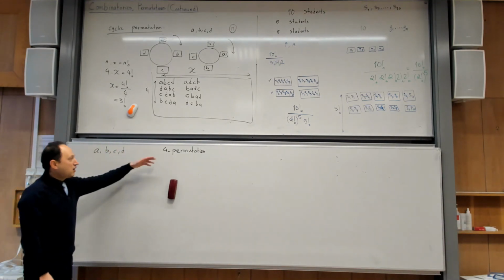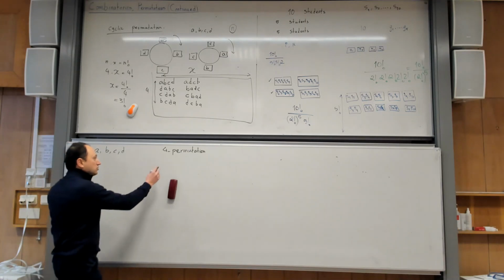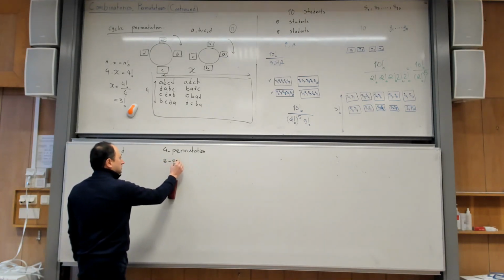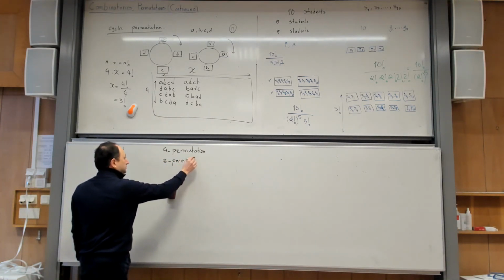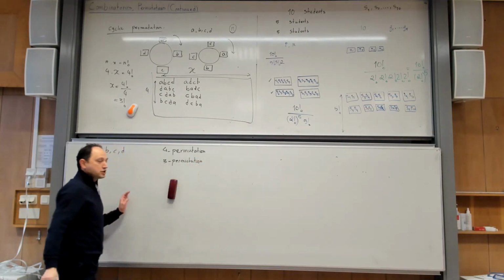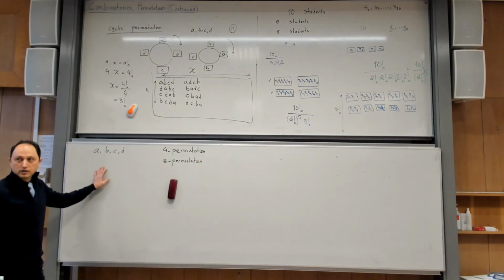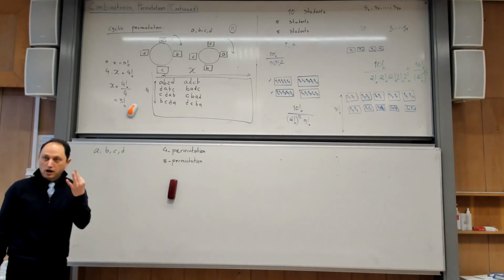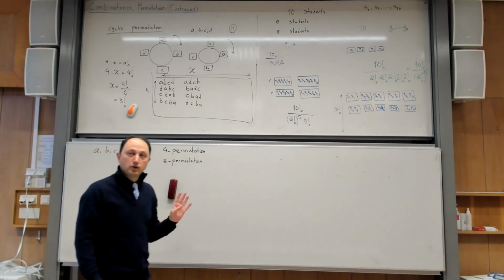So that is, now I call it 4 permutation. I can also ask 3 permutation. How many 3 permutations are there? What does it mean? It means that I want you to use only 3 objects, not all 4 of them.